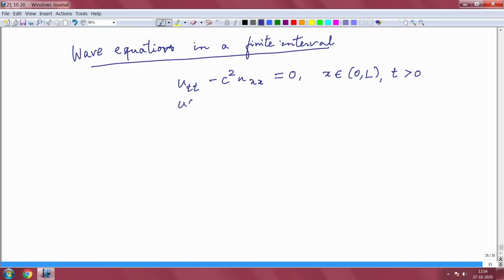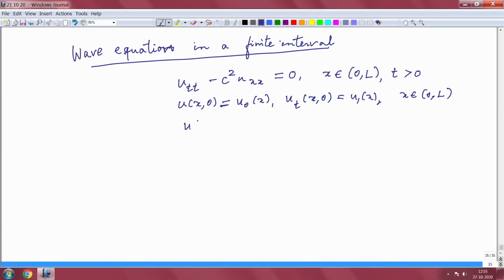So, again initial conditions u t x 0, u 1 x, x is in the interval 0 L, and now there are two boundary points.